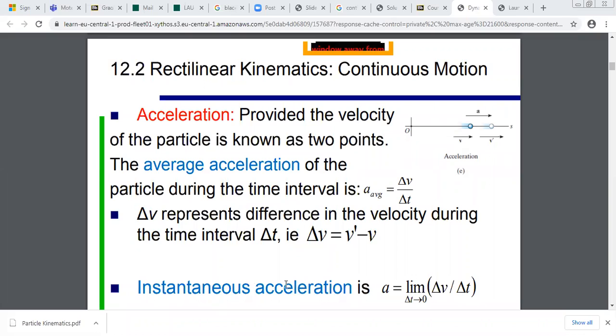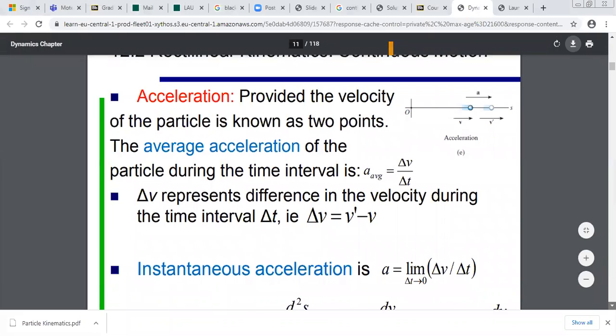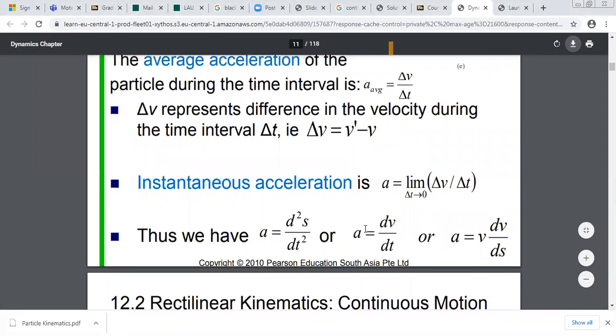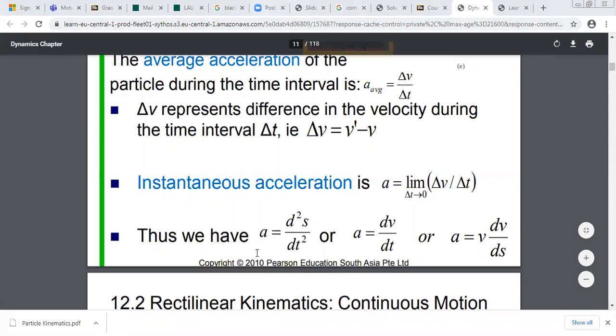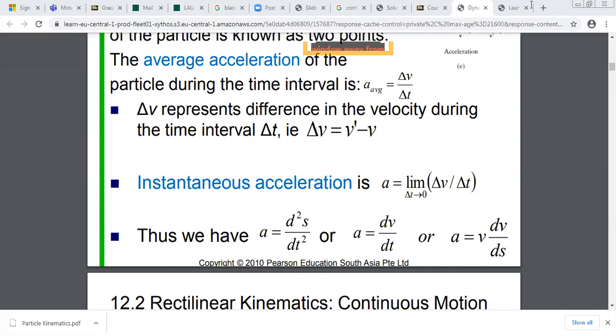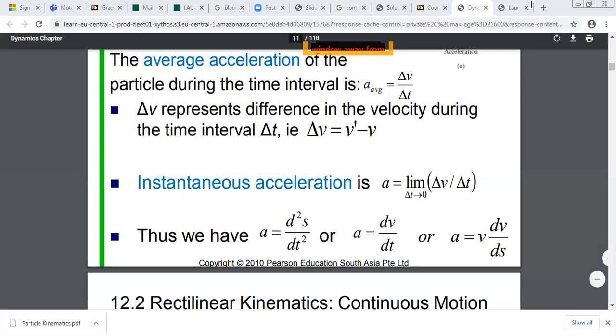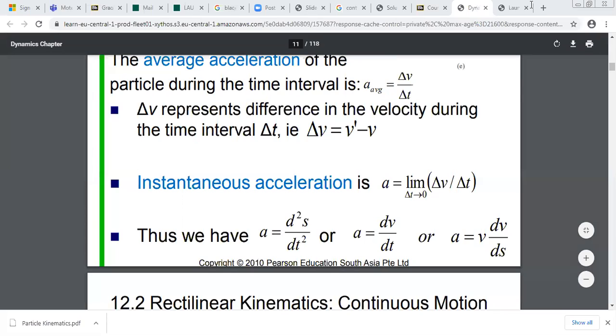And if we want the instantaneous acceleration, then we take delta t tending to 0, which will give us dv by dt. So the acceleration is simply the derivative of velocity. Here we have the three main relations we will use in this chapter: differential equations that relate a, v, s, and t.